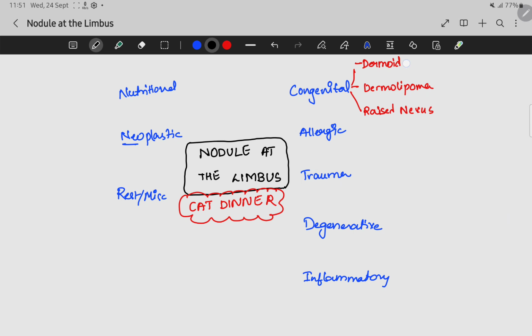So what is a dermoid? It's a yellowish white mass, consists of epithelium, sebaceous glands, and hair, and the treatment is excision.